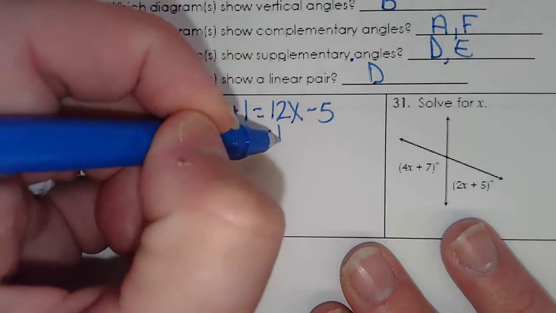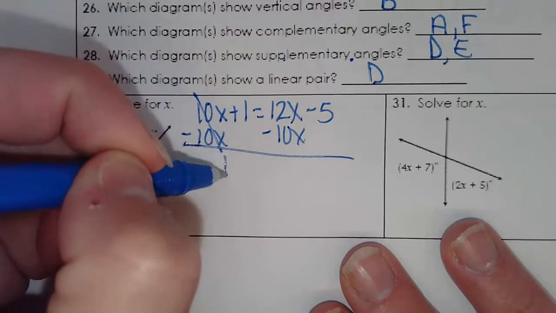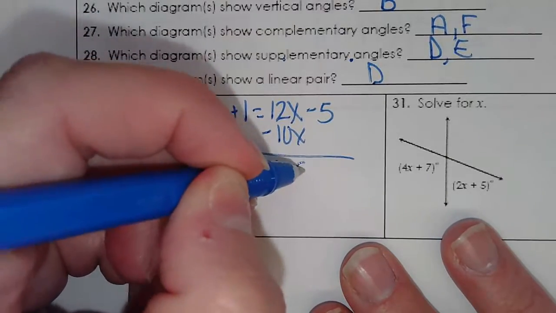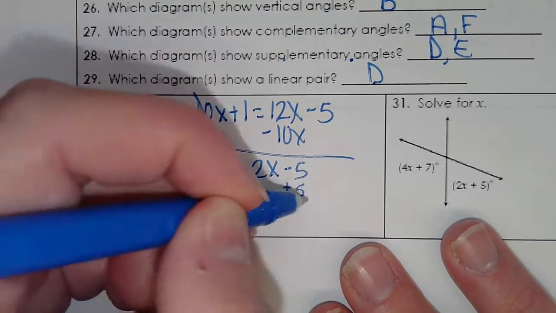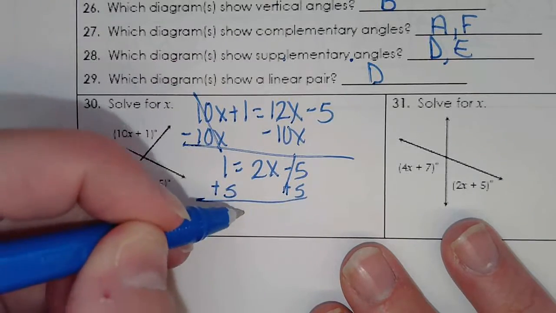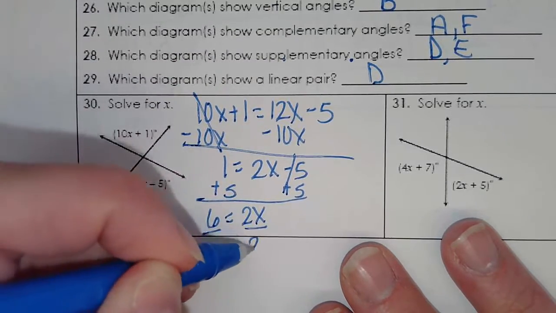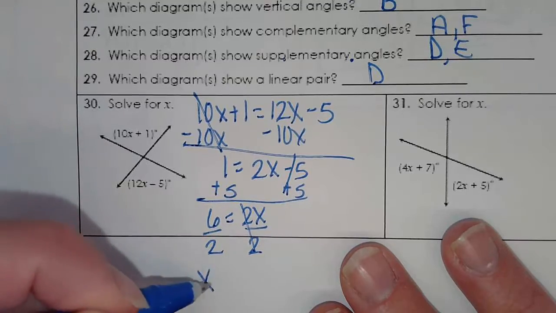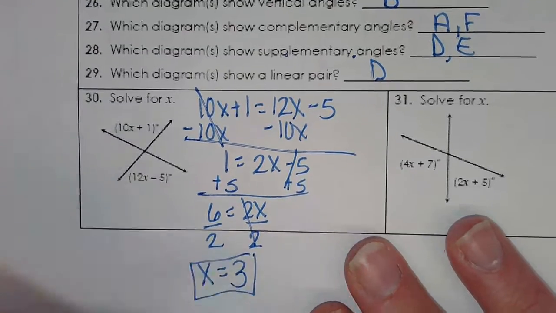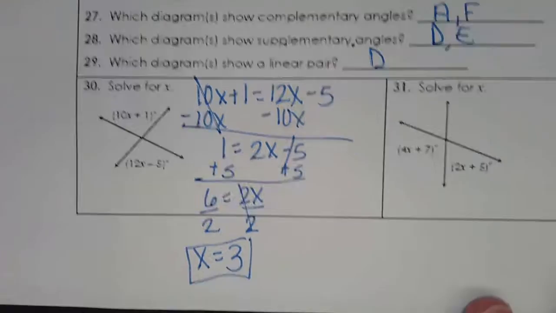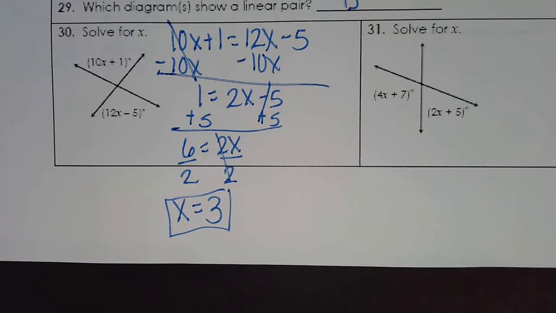Subtract 10x. 1 equals 2x minus 5. Add 5. 6 equals 2x. Divide by 2. X equals 3. And that's all you had to do on that one. Just solve for x. Thank goodness. Don't have to plug it back in.